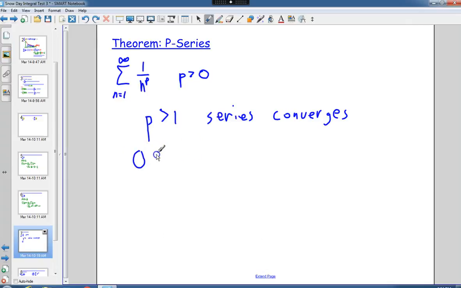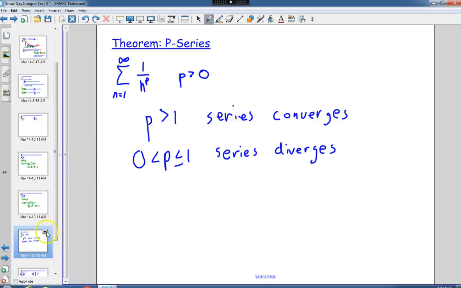But if the p-value is less than or equal to 1, but still greater than 0, then those p-series will diverge. Again, our harmonic series we know diverges, and the p-series that had square root of n in the denominator, the p-value there was 1/2, and so that p-series diverged.